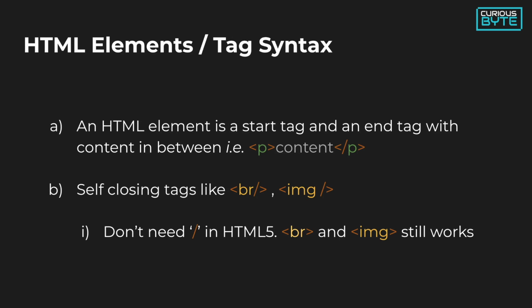Now, what is the HTML element tag syntax? Well, HTML is mostly a start tag and an end tag that wraps around content. So in the example of A, you can see that the content is wrapped by a p tag, which is a paragraph tag.